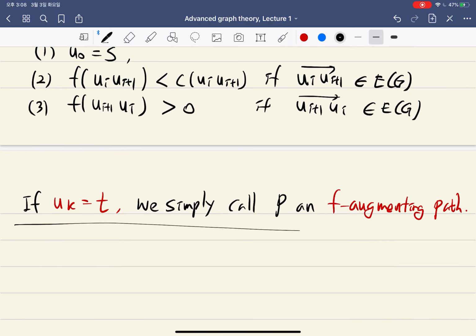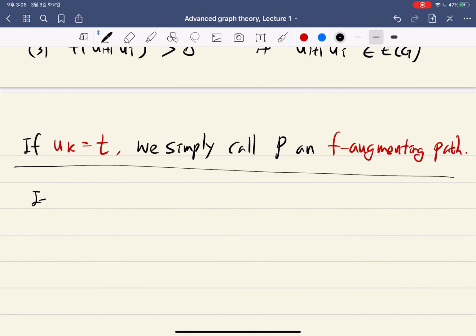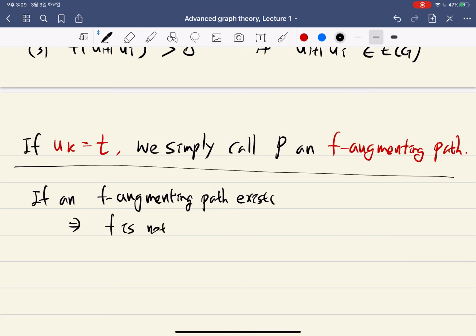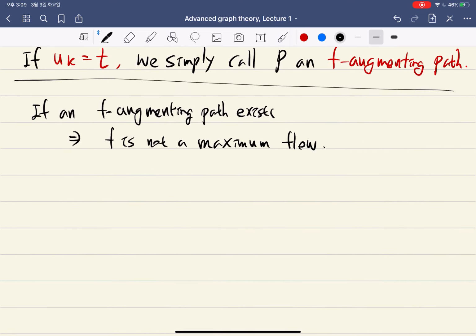So what's obvious here is that if for a flow F an F augmenting path exists, then F is not maximum. But not only that, it has a better property.